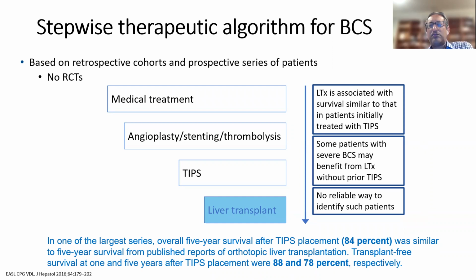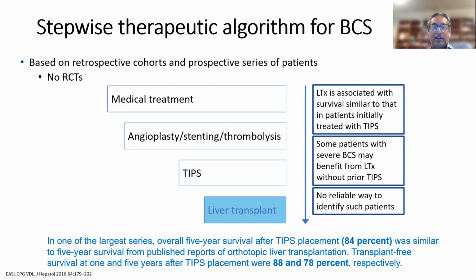There are some algorithms, like Budd-Chiari syndrome ranking scores, but nothing really; clinically it's just based on the symptoms. The MELD score, I still think, is a good way, although a lot of these patients are on anticoagulation. And in one of the largest series, overall 5-year survival after TIPS placement was 84%, which is similar to orthotopic liver transplantation.